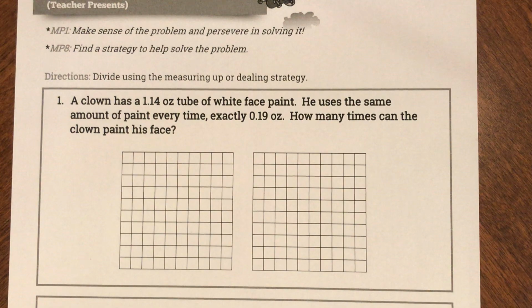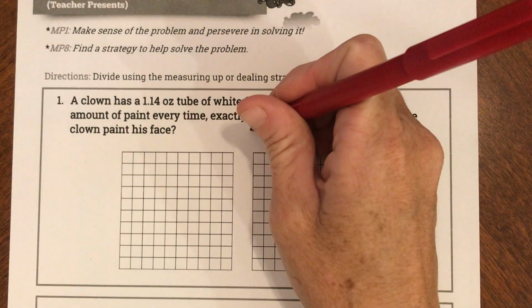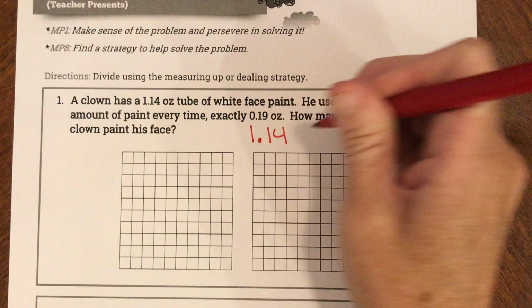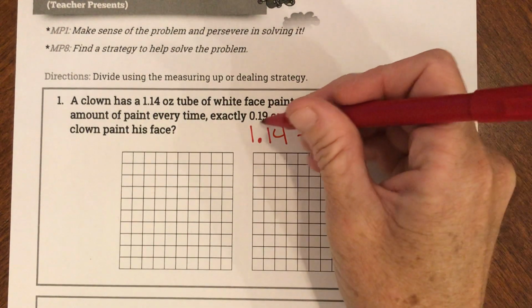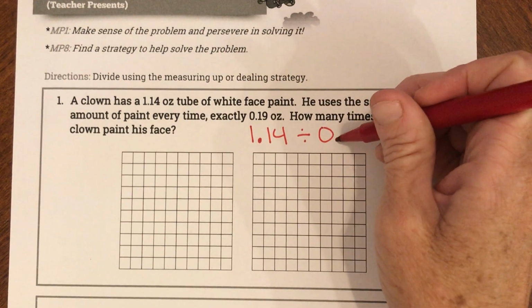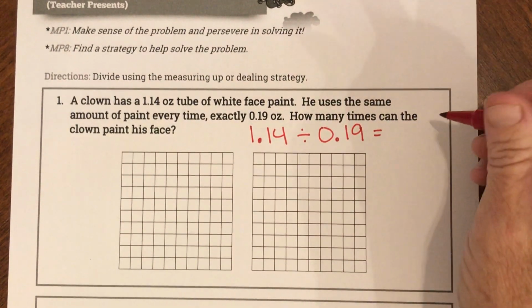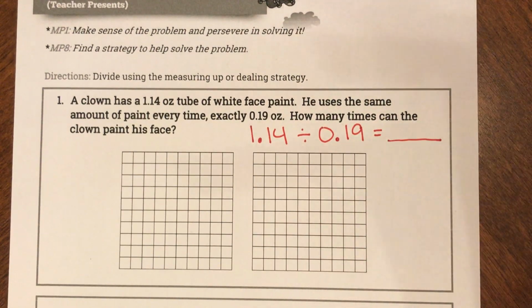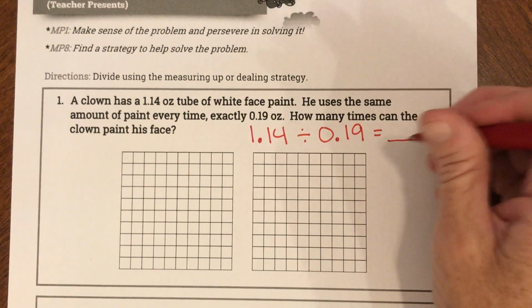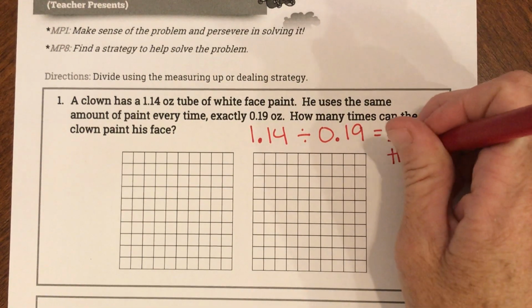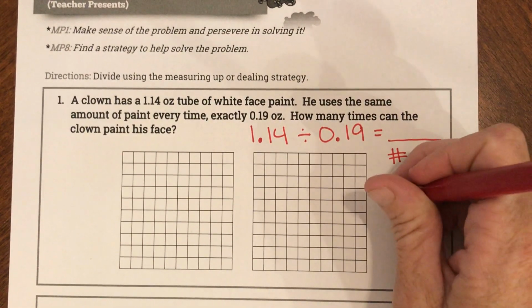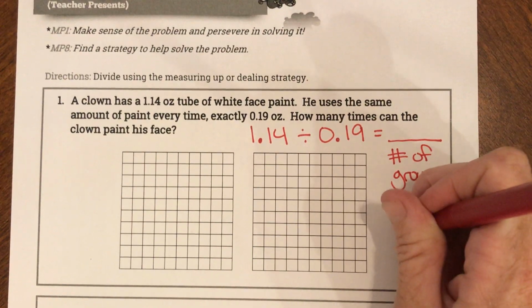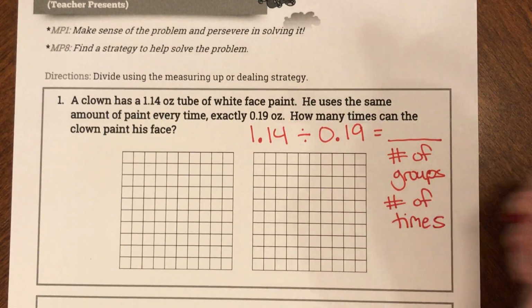Okay, so what's being divided is the face paint. 1.14 ounces of face paint is being divided each time into groups of 0.19 ounces. The question is, how many times or how many groups can we do this? So what I don't know is the number of groups, which for this specific problem, is the number of times.